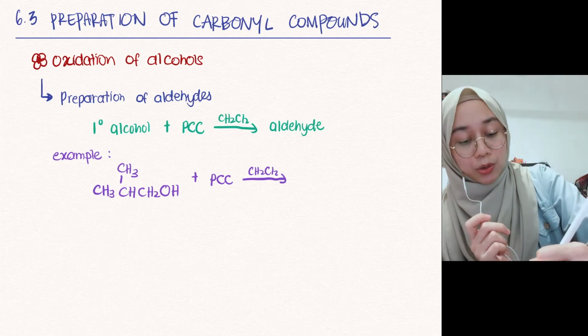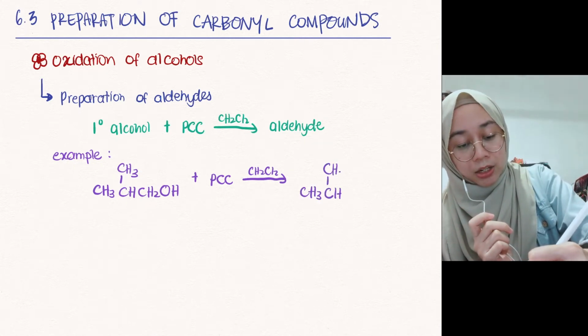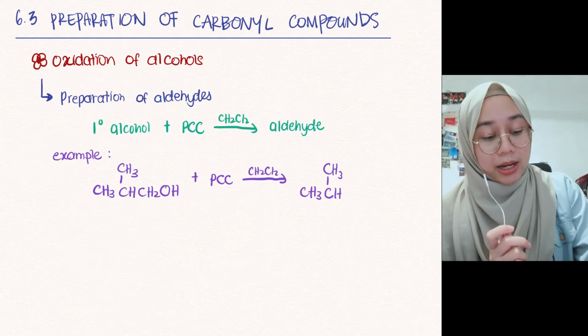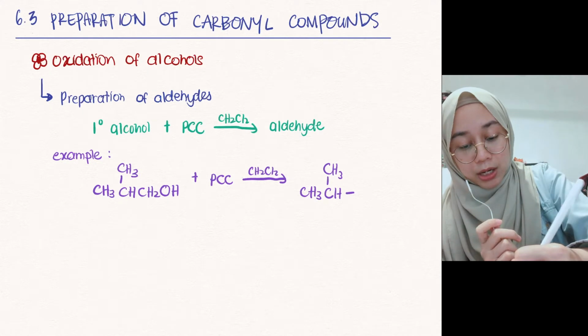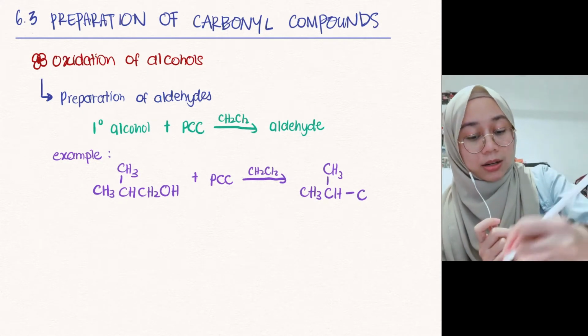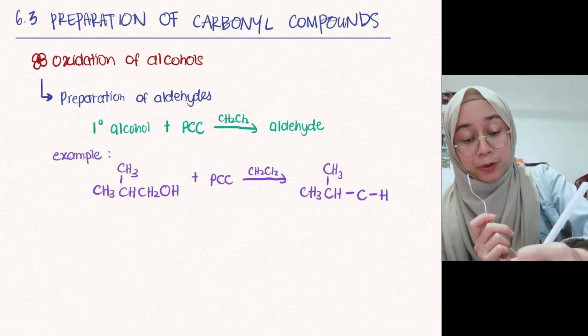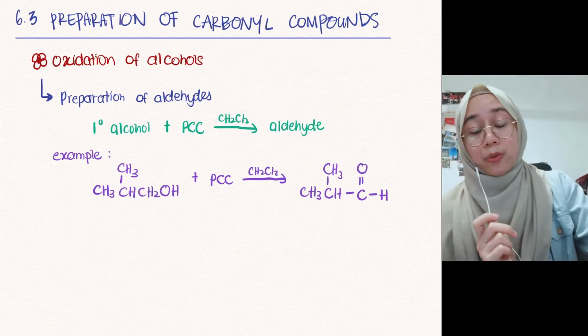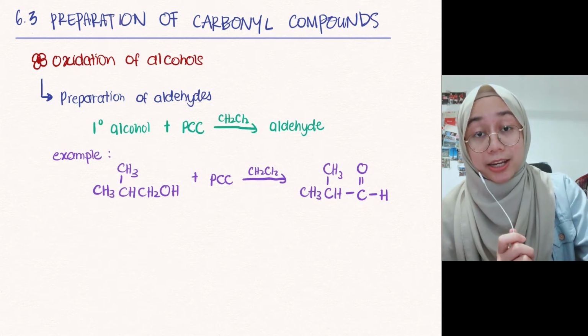So you will get this one here. Yang ni kita tak kacau because it is not carbonyl carbon. But the carbonyl carbon, dia hilang satu H, bermaksud dia tinggal satu je H. And then at the same time dia akan produce double bond dengan O, and the O pula dia akan hilang H. So this is your product. Ini adalah aldehyde yang kamu dapat.